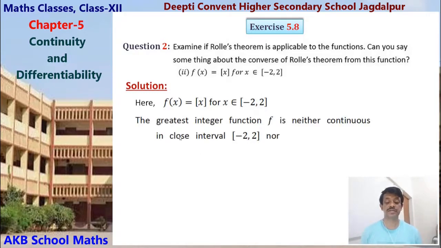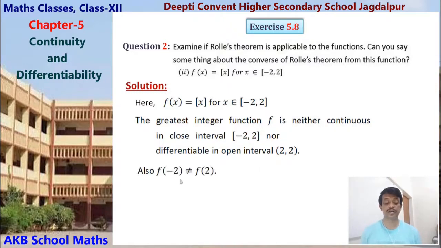In a similar fashion, the greatest integer function is neither continuous in the closed interval [-2, 2], because there are integers 0, 1 where the function is not continuous, nor differentiable in the open interval (-2, 2). We know that at integral points the greatest integer function is not continuous, and that's also not differentiable, so both conditions are not satisfied.